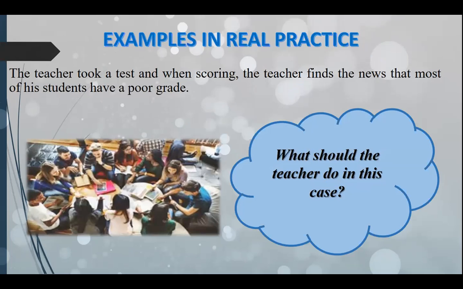The example in real practice. The teacher took a test, and when scoring, the teacher finds the news that most of his students have a poor grade. What should the teacher do in this case? On this occasion, the teacher realized that his students must learn in another way.